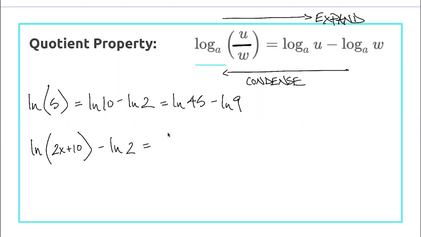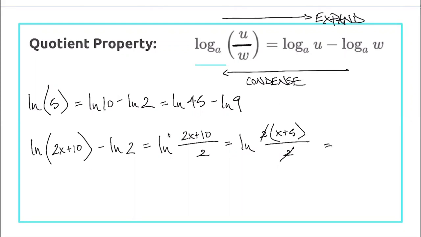And if I were to condense this, I would get natural log of 2x plus 10 divided by 2. Or if you wanted to keep going, you could factor out that 2 from the top, cancel those out, and it could also be the same as natural log of x plus 5.